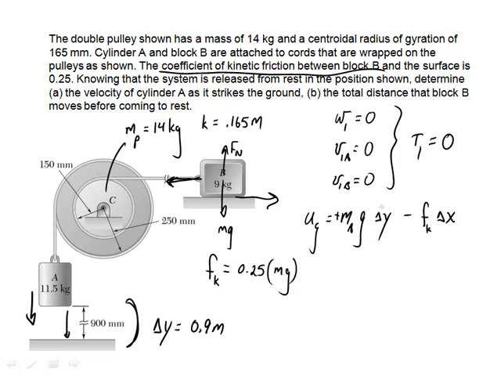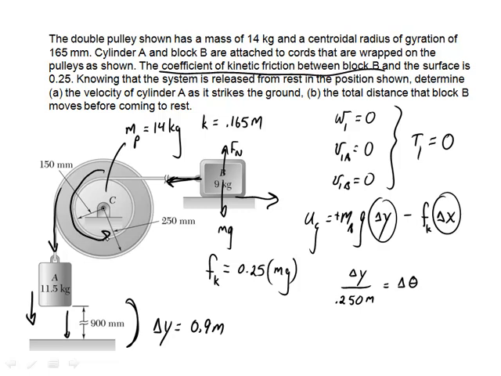But one thing of interest is delta y and delta x. They're definitely related because of the way this pulley is set up. So notice this is being pulled down a distance delta y, and that's attached to the pulley at a radius of 250 millimeters. So delta y divided by 250 millimeters, or 0.25 meters, is going to equal the delta theta through which the pulley rotates during the falling process.